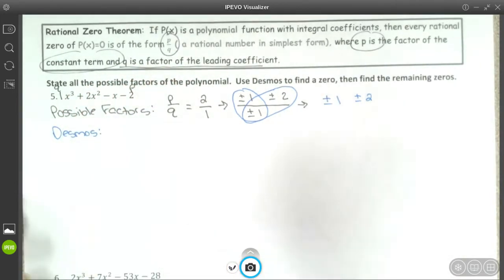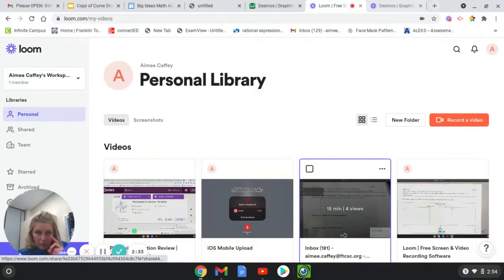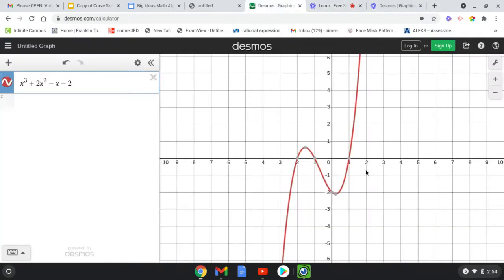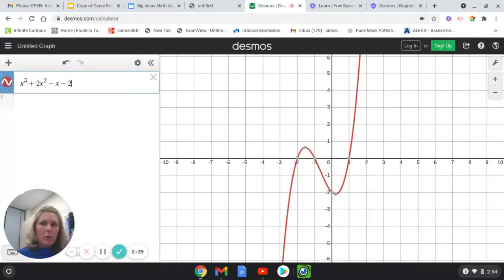Let's keep going over to Desmos today. So if we flip over to Desmos, there we go. I've already input this equation in there. And Desmos looks like it's crossing right here at -2. So -2 should be a factor.